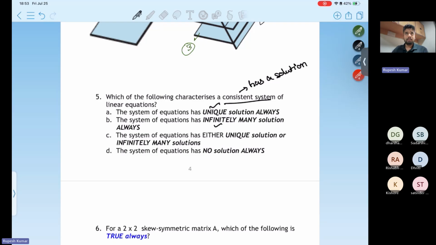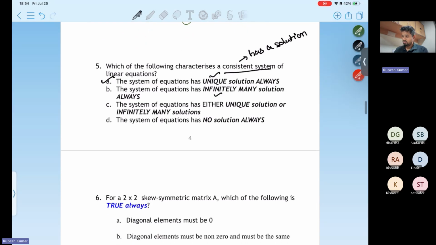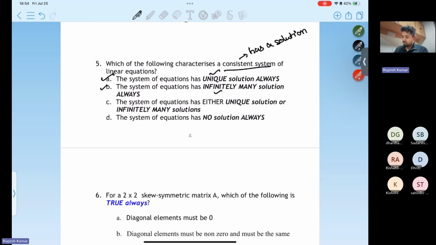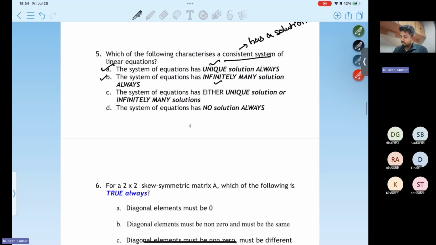So it has to be consistent. So option A is not correct alone. Let's say we make it a multiple choice question. If it has a unique solution, it corresponds to consistent. If it has infinite, then also. Option C says it has to be either unique or infinite. So option C basically contains these two sets, so option C is the correct option.